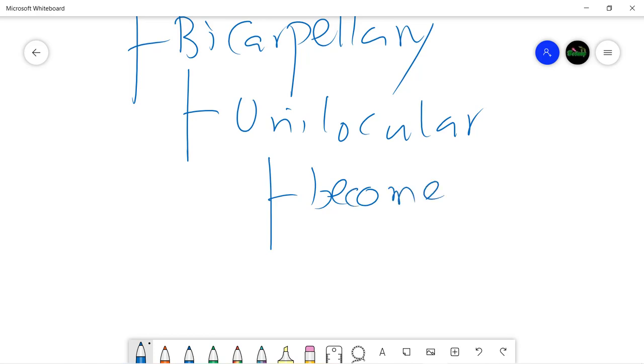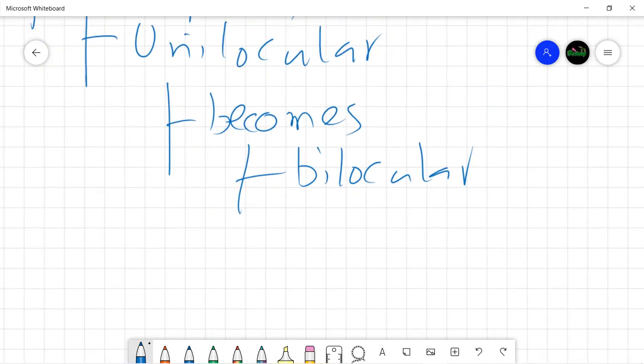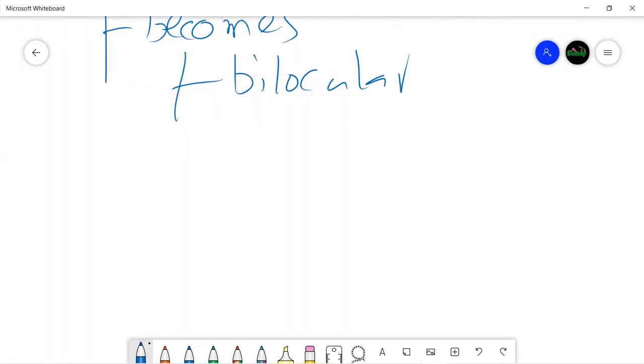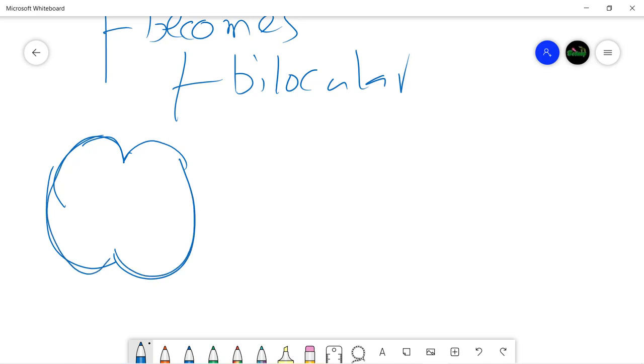The ovary becomes bilocular, and in the start, for example, these are two carpels. So now the ovary is unilocular, but later a septum is formed and it becomes bilocular.